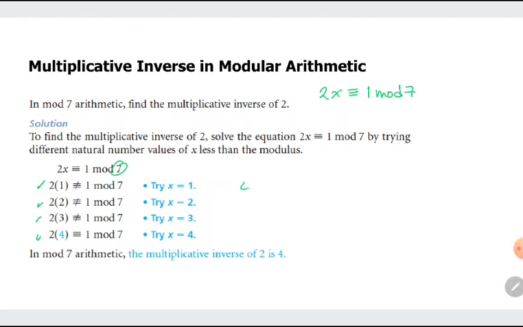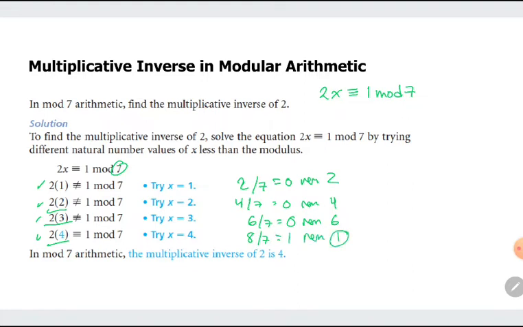So 2 divided by 7, that's 0, remainder 2. 2 times 2 is 4, divided by 7, 0, remainder 4. 2 times 3, that's 6, still quotient of 0, remainder 6. 2 times 4, now that's 8, divided by 7. Quotient of 1, remainder of 1.